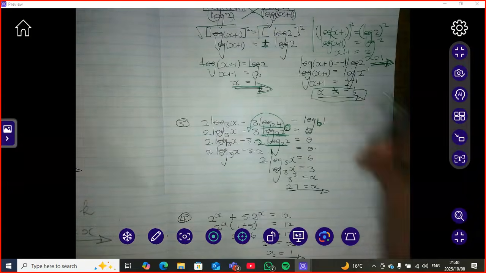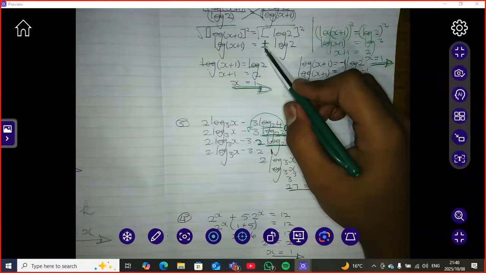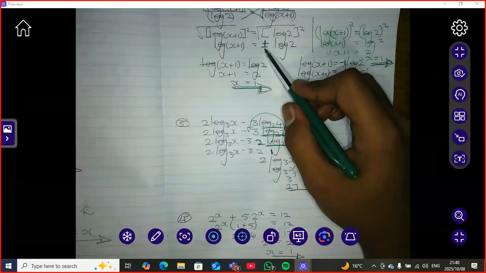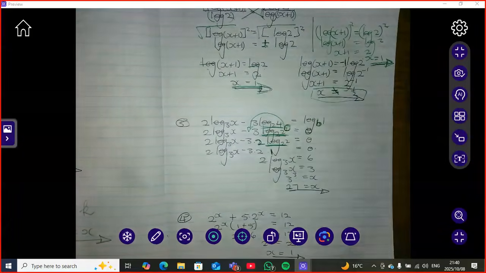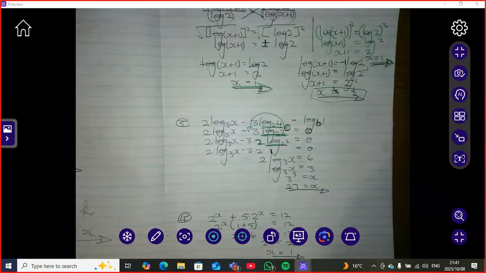Because there's a negative there and log can't be negative, but what if your x value becomes positive? Do everything, and then when you see it's negative here, you just cross it out. That's just part of your steps.